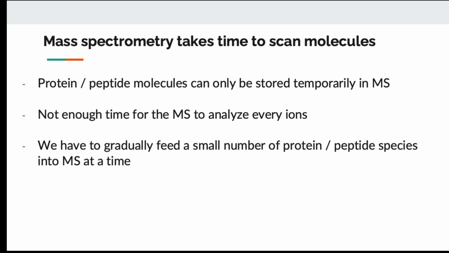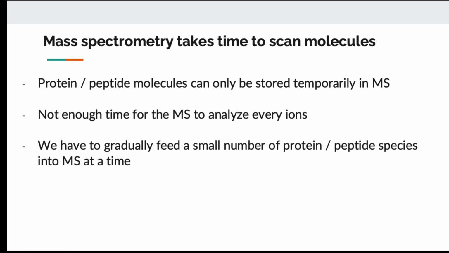So imagine if you dump all your protein and peptide from the whole cell at once into the mass spectrometer, it's going to be able to scan maybe 10% of the proteins, and then all the protein will degrade. And you will lose the rest of the information, because the mass spectrometer cannot scan the protein fast enough. So the trick is we have to gradually introduce the protein and peptide into the mass spectrometer a little at a time.